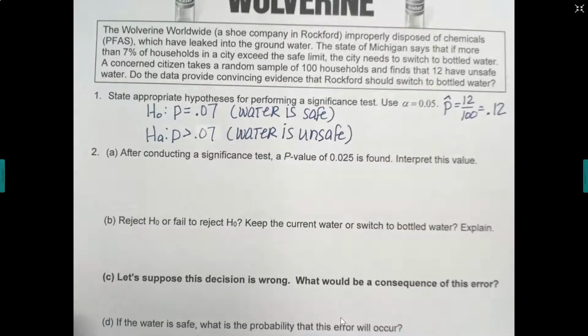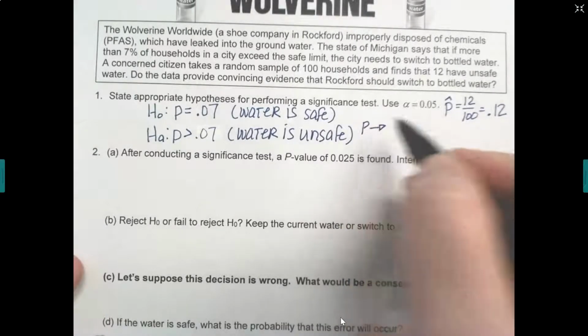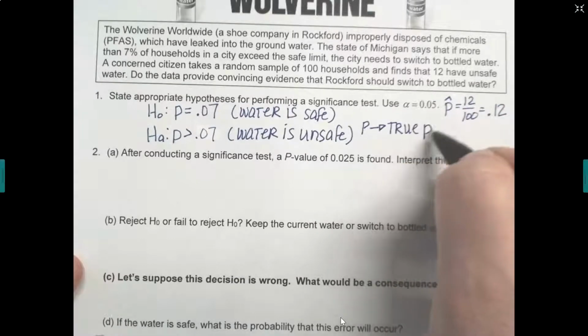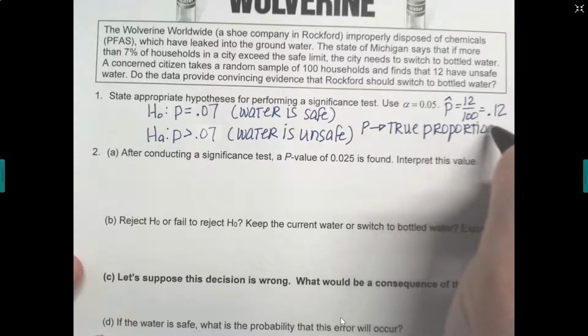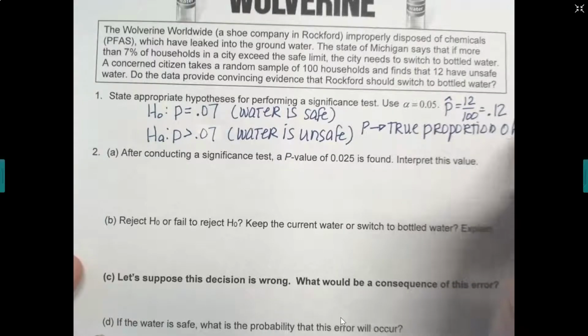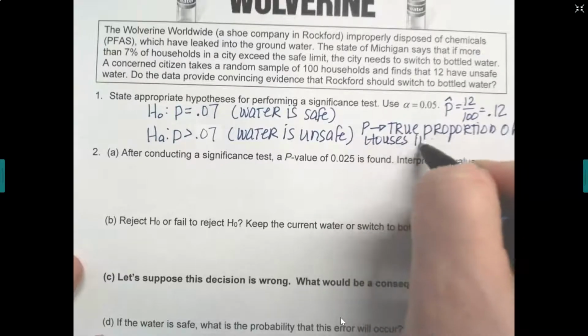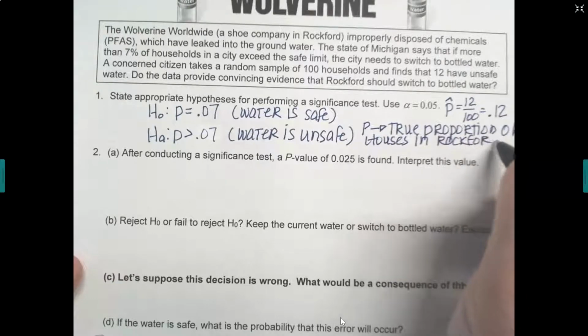All right, so anytime you write your hypotheses, be sure to define what that p means. It's the true proportion of houses in Rockford with unsafe water.